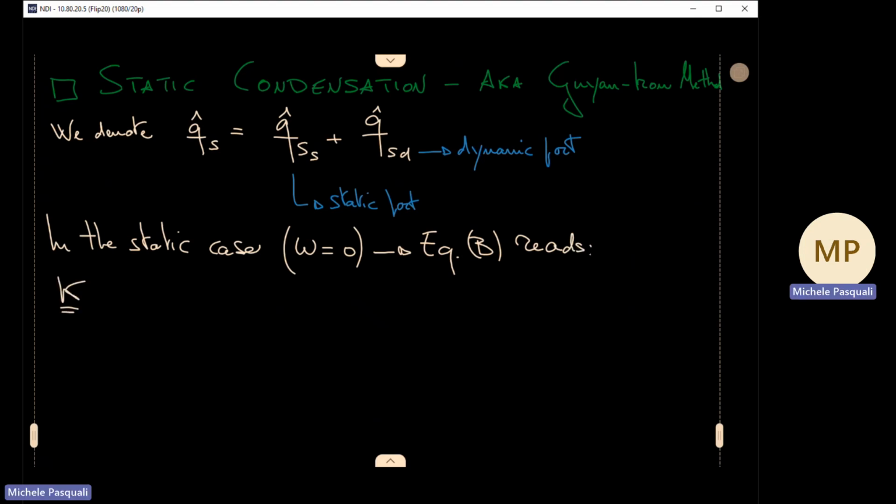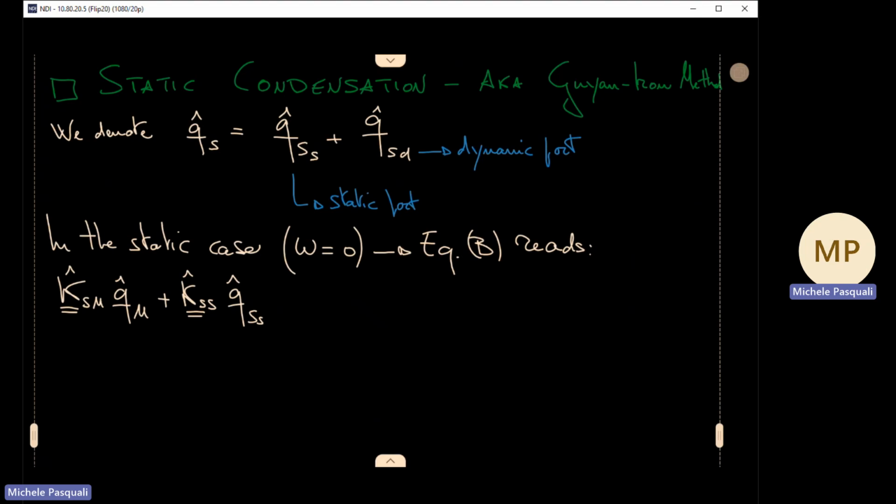If you go and check, it becomes K SM times Q M plus K SS Q S, of course here we only have the static part, since we are in the static case.